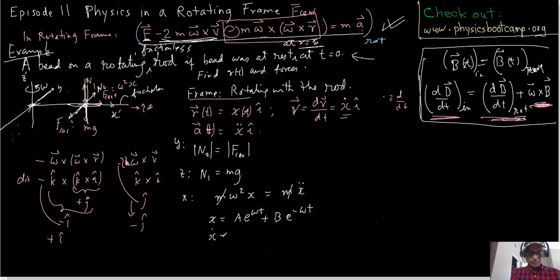Then x dot equals omega times a e to the omega t minus b e to the minus omega t.